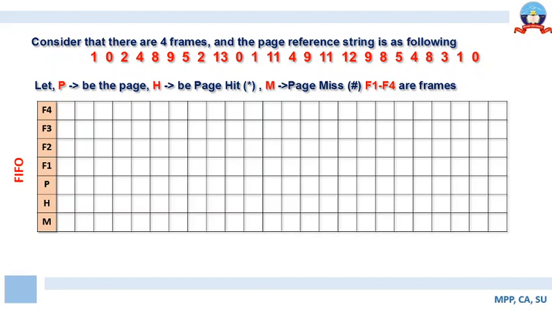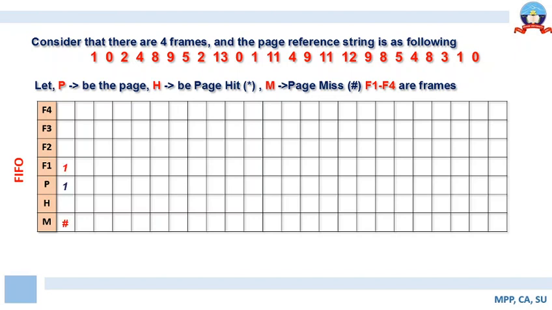Now here I have created a 2-dimensional representation where you have 4 frames, frame 1, frame 2, frame 3 and frame 4, and we have 3 notations: page, hit and miss. Now let us consider that the page reference string is processed. That means the pages pertaining to the processes are requested in sequence.